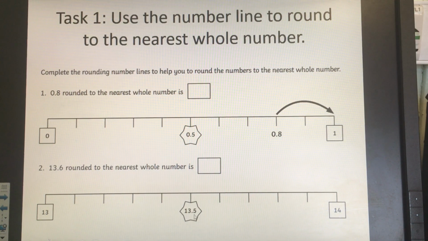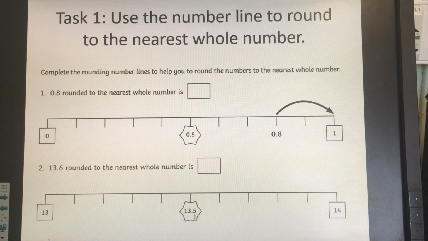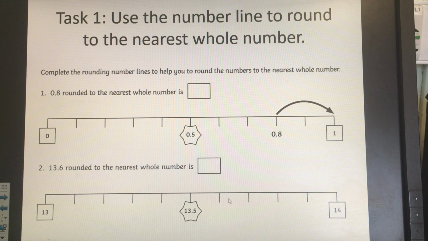I know that 13.6 is more than 13.5, so I'll start there, 13.5, 13.6. And that's a quicker way to find out where it would be on the number line. Now if it is here, I know that that tenths column is 5 or more, so it would round up to 14. It's closest to 14 on the number line.